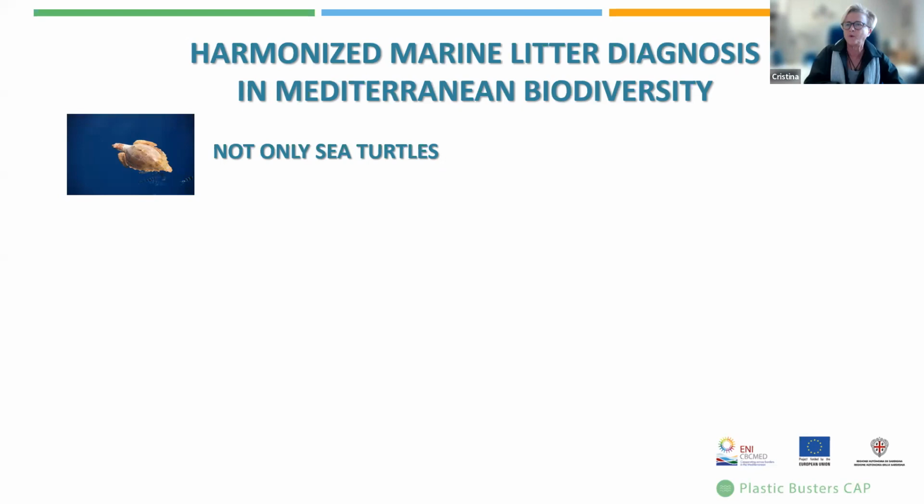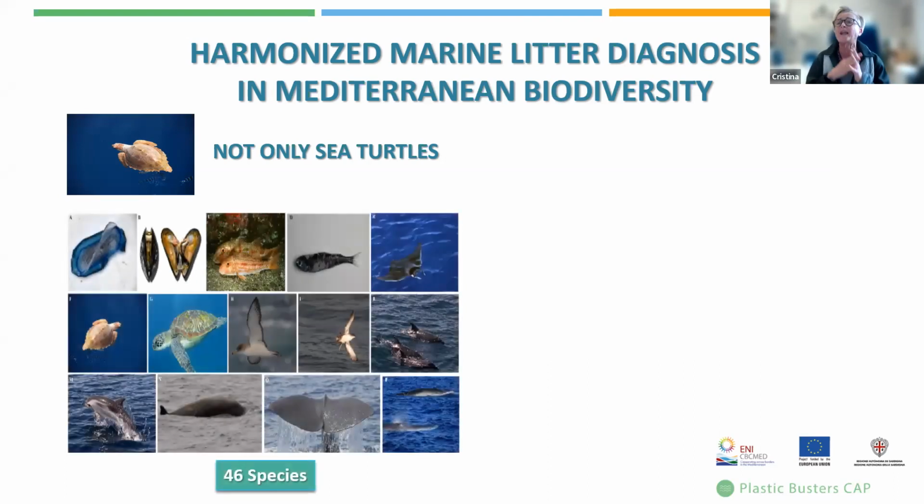And obviously, we strongly believe that Caretta caretta is a fantastic bioindicator to detect the presence, especially of macrolitter in the Mediterranean environment. But even if you really want to understand the impact in terms of biodiversity, you have to largely enlarge the number of species to investigate, and also to define probably the most impacted species.